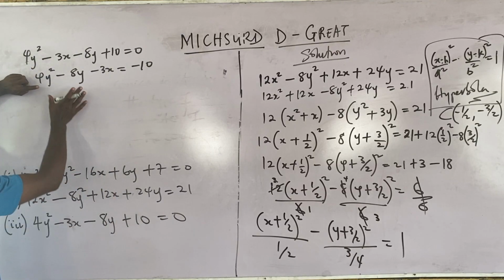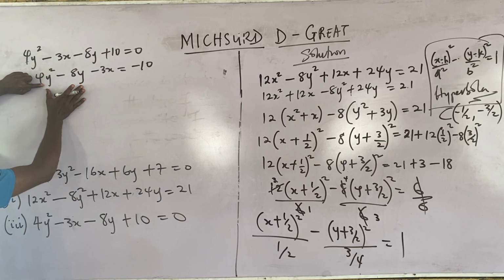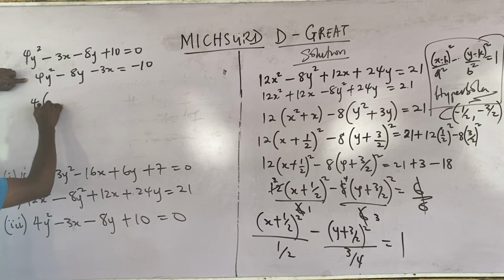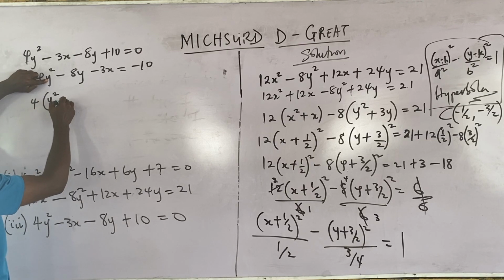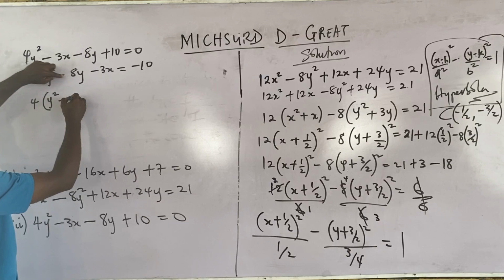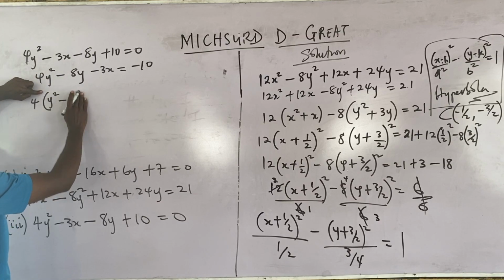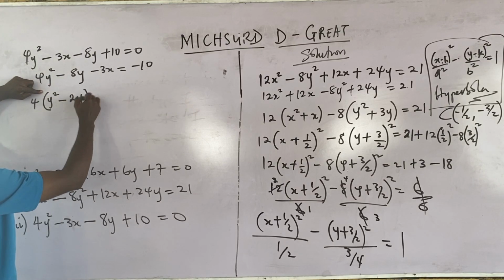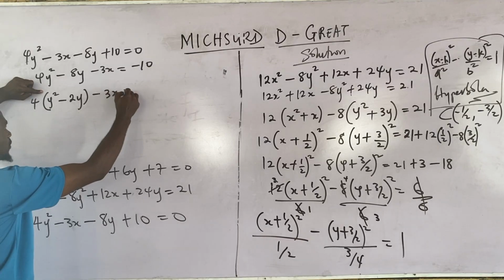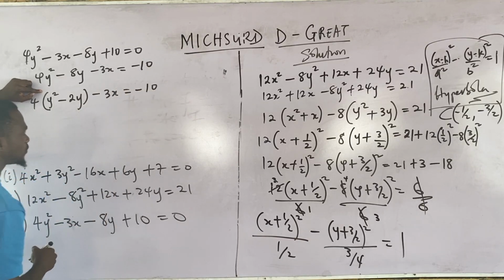So here we can group these two and factor out 4, so I'll have y squared, then minus 4 is out, 2 remains, 2y, then minus 3x equal to minus 10.